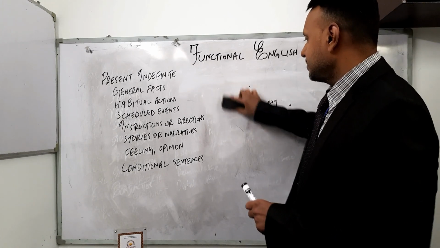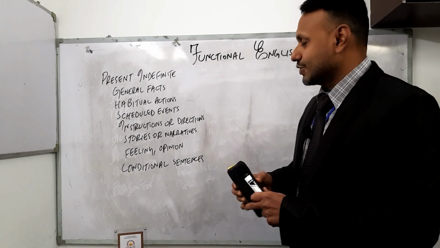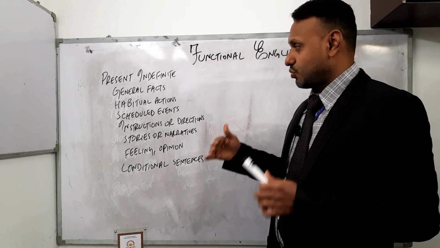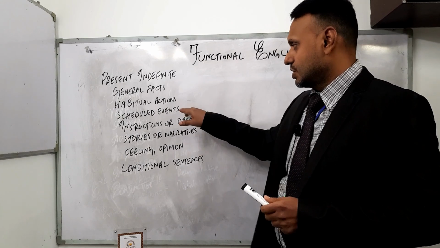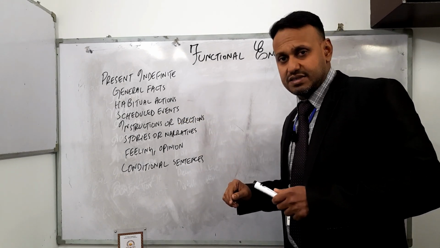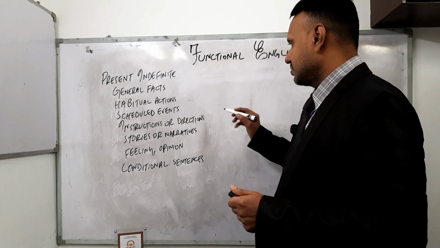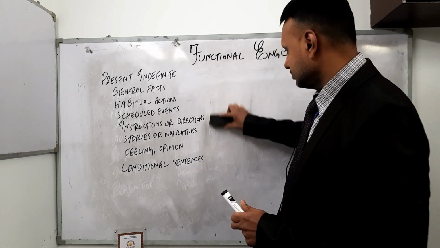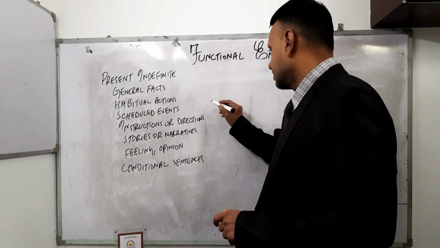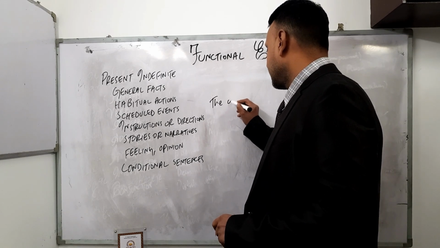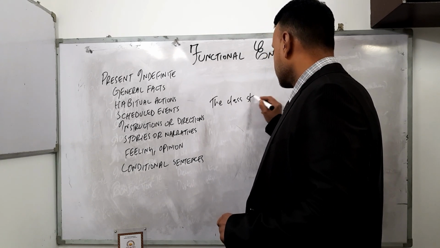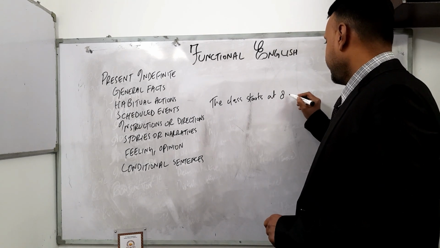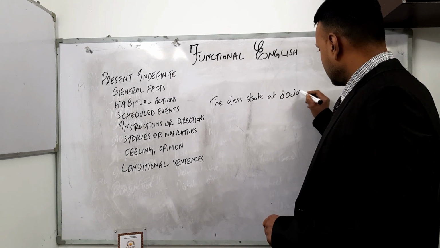The dilemma is most of the time we rely on continuous tense, and we want to make sure that we understand the correct usage of these tenses. If we discuss scheduled events when it comes to present indefinite, say the class starts at 8 o'clock.